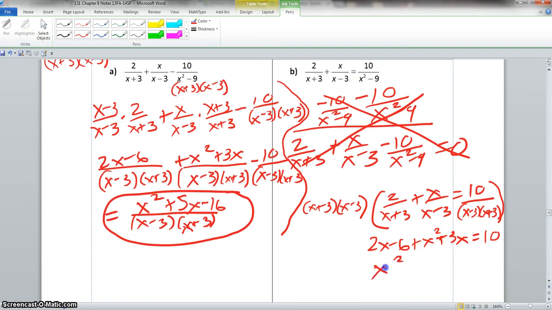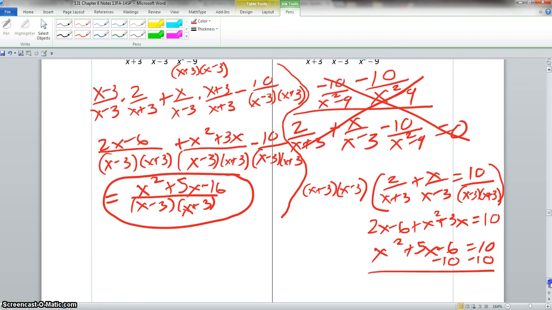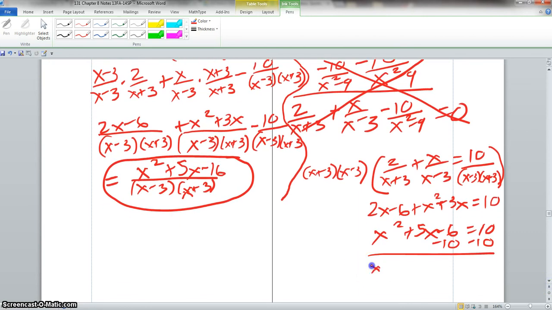This will give us x squared plus 5x minus 6 equals 10. Now we will subtract 10 on both sides, and we will have x squared plus 5x minus 16 equals 0, which is basically what we got here for our numerator.